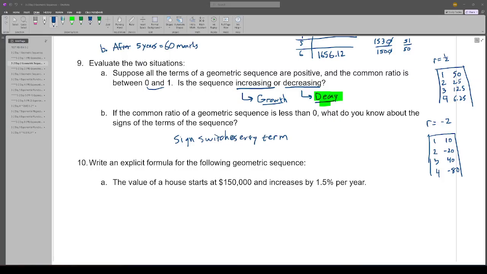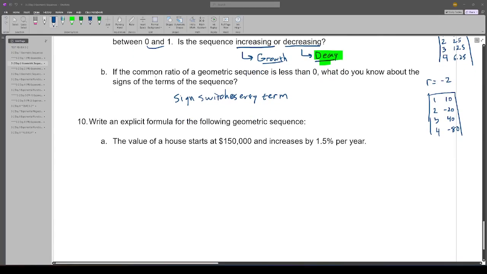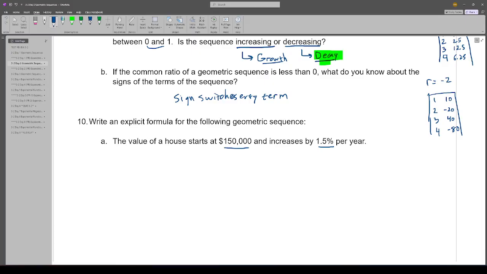Okay, our last problem for today is to write an explicit formula for this sequence. We have the value of a house starts at 150,000 and increases by 1.5% per year. So this one's a little bit tricky, and it leads into talking about things like compound interest and exponential functions.